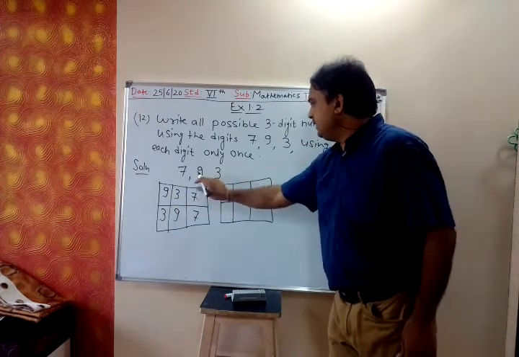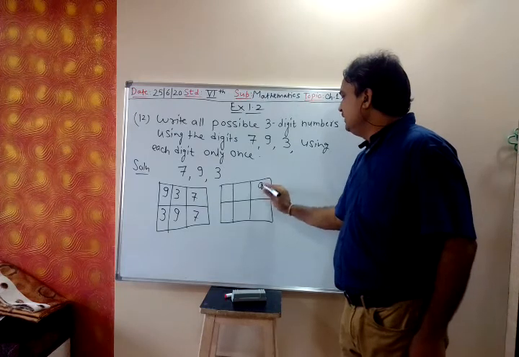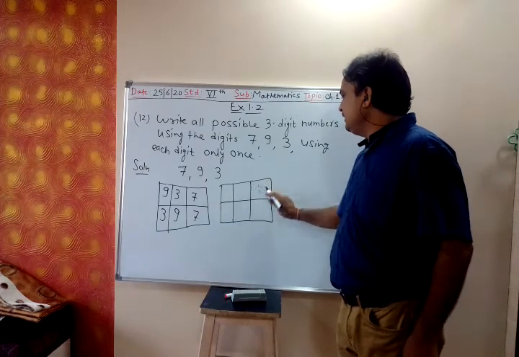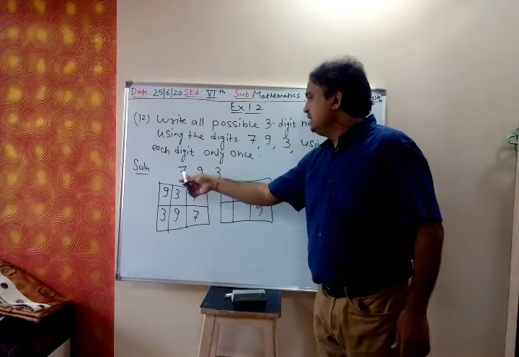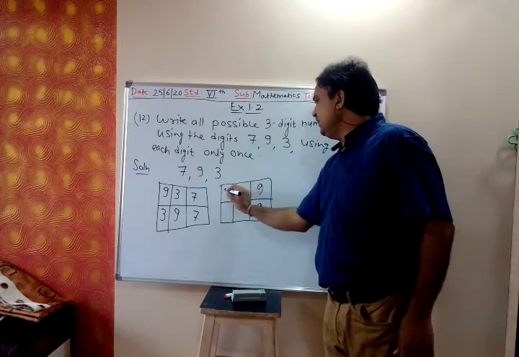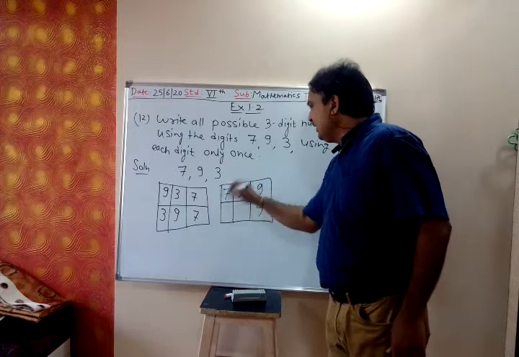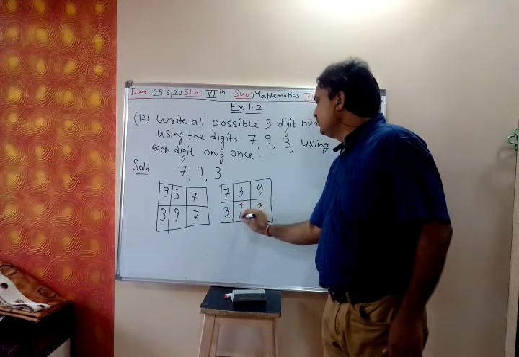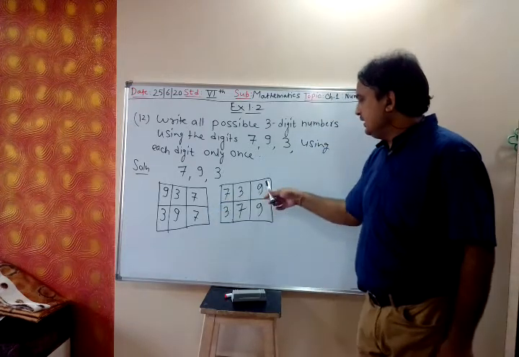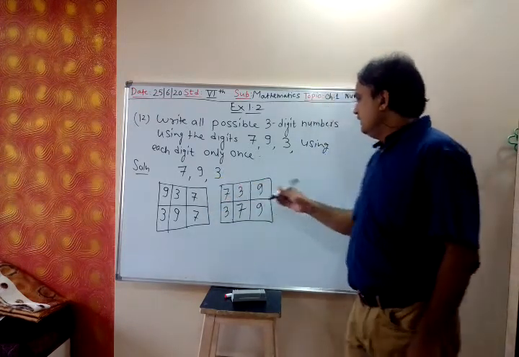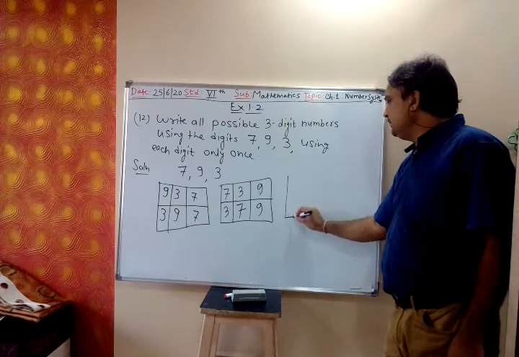Now I will fix 9 in ones place. So which digits are left? 7 and 3. So I can write 7 3, then I can write 3 7. Now I will fix 3 in the ones place.